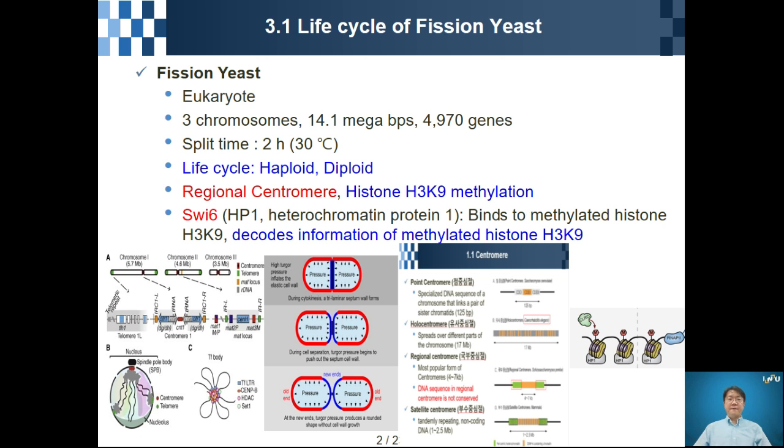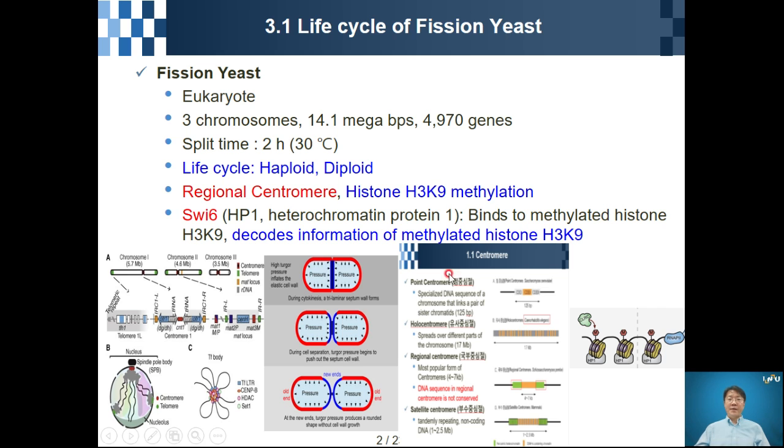Fission yeast also has histone H3K9 methylation. Histone H3 is composed of several amino acids, and at the 9th location, K is the simple code for lysine. So in histone H3, the 9th location is a lysine, which is usually methylated in fission yeast.